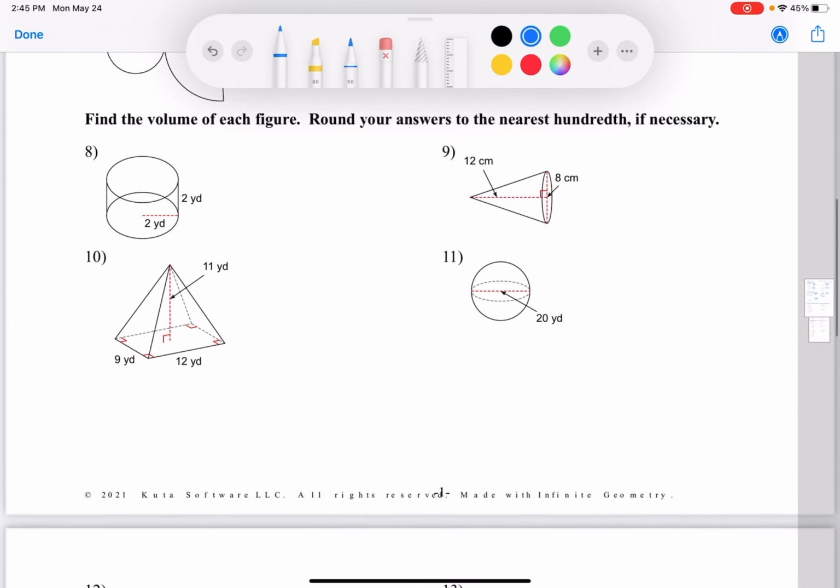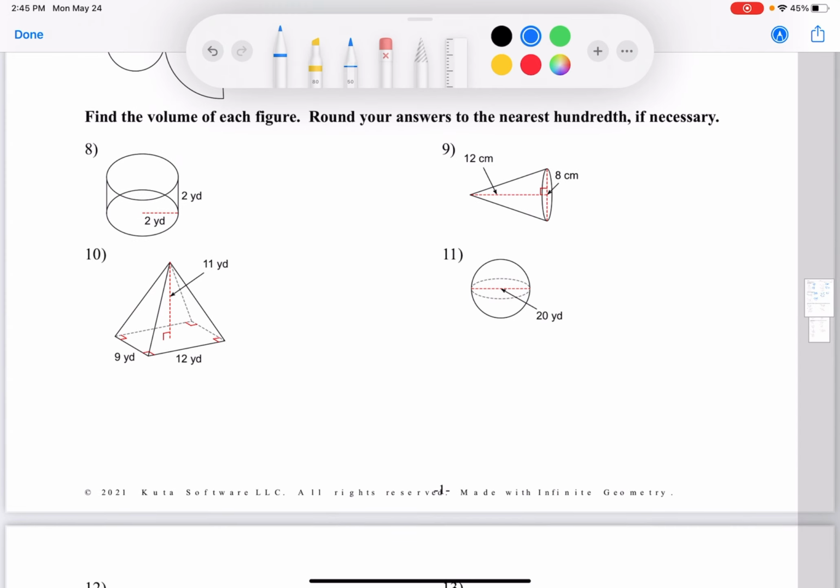Number 8 says find the volume. Make sure you use volume formulas when you're doing these. So identify the shape first. The first shape is a cylinder. Our formula for the volume of a cylinder is, technically, capital B times the height, where the base is circular, so that's pi r squared. So it's pi r squared h.